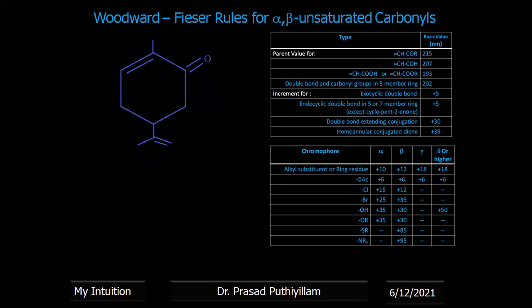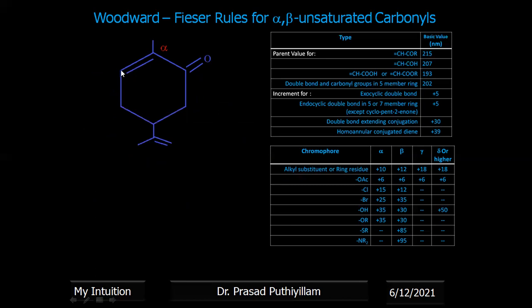Now cyclic compounds are given, but still we need to identify the carbonyl group. This is the carbonyl group, C double bond O. Then the carbonyl compound should have unsaturation at alpha and beta, as we are discussing only alpha beta unsaturated cases.